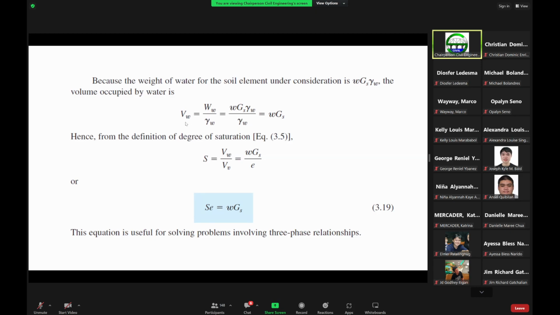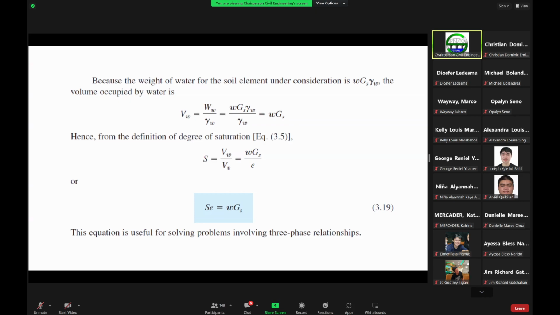So that means the volume occupied by the water, if you cancel out these two, is just equal to the water content multiplied by the specific gravity of the soil solids. So that means in normal technical routine, we always derive the water content. You can also be doing this in the laboratory course.